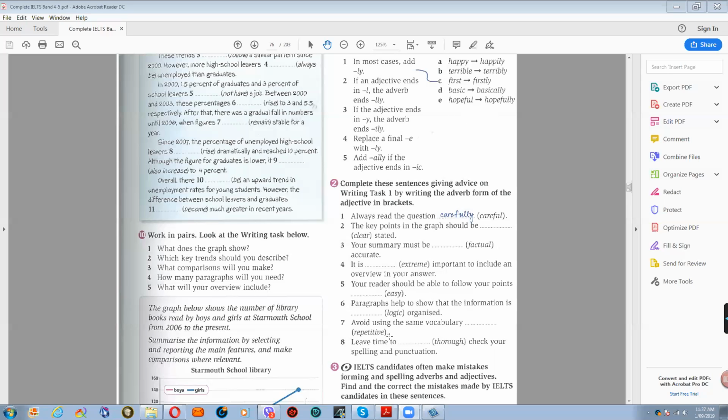Number 6. Paragraphs help to show that the information is logically organized. Rule number 2. Nope. Number 5.